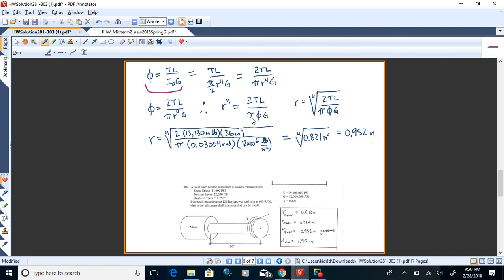It's 2TL over pi phi, which is the angle of twist, times G. So my final formula here, I take a fourth root of 2TL over pi phi G. Plug in everything. Take a fourth root, which is the 0.25 power. I plug all these values in, and I get 0.952 inches.